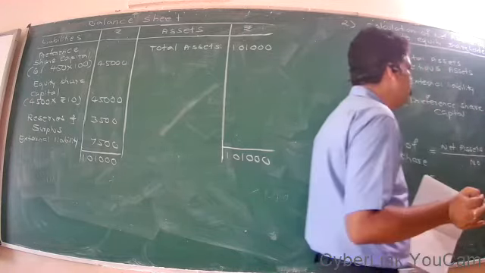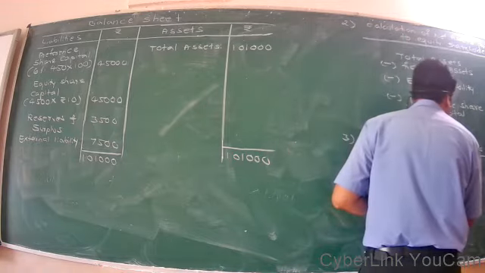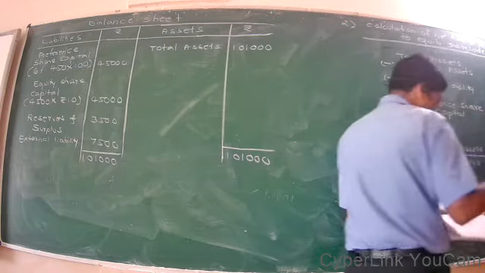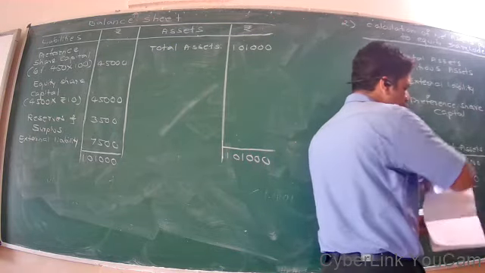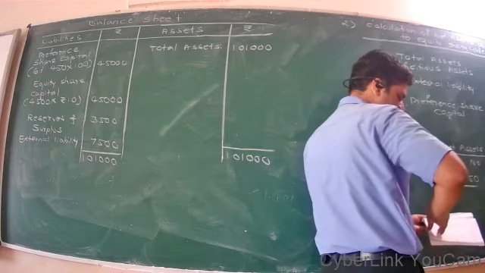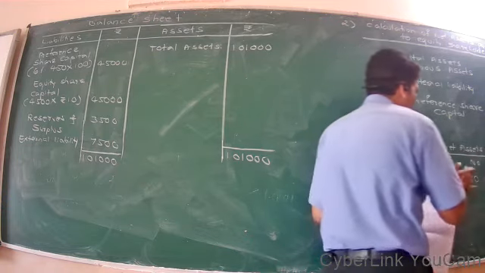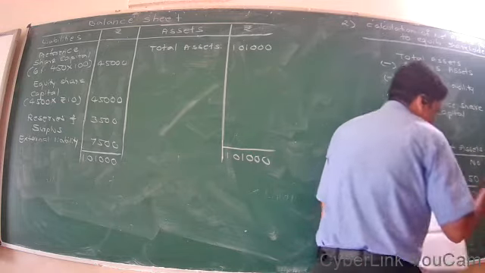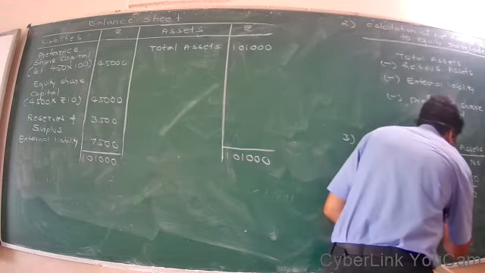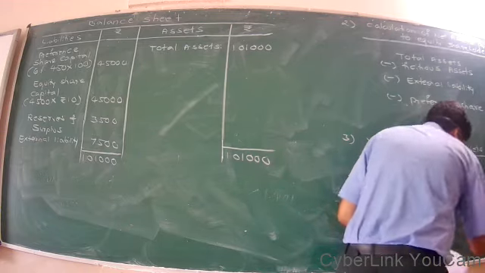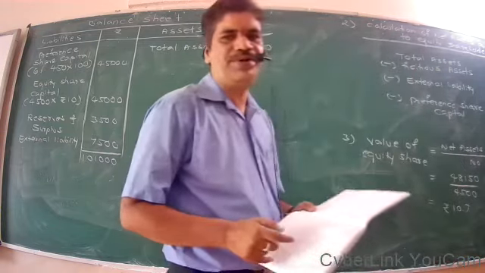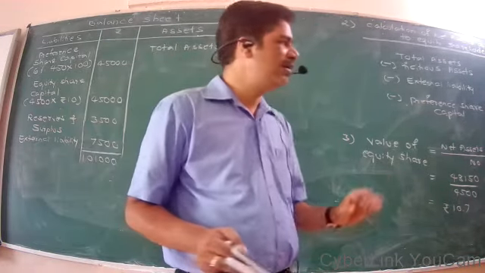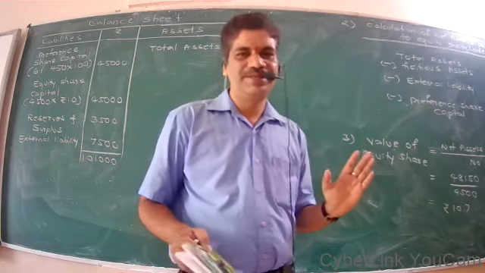Net assets available for equity shareholders are rupees 48,150, and the number of equity shares here is 4,500. So rupees 10.7 per share is the value of equity share as per the net asset method.